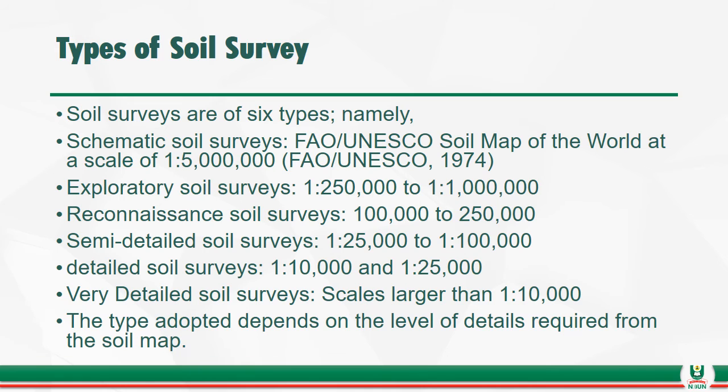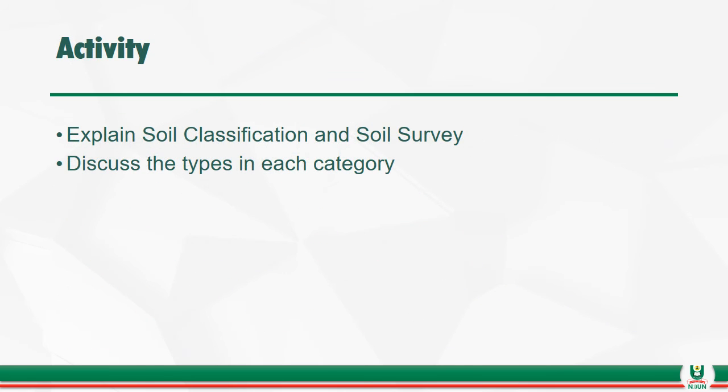Reconnaissance soil survey is 1:100,000 to 1:250,000 scale. Semi-detailed is 1:25,000 to 1:100,000. Detailed is 1:10,000 to 1:25,000. Very detailed is any map that has a scale less than 1:10,000. The type adopted depends on the level of detail required from the soil activities.